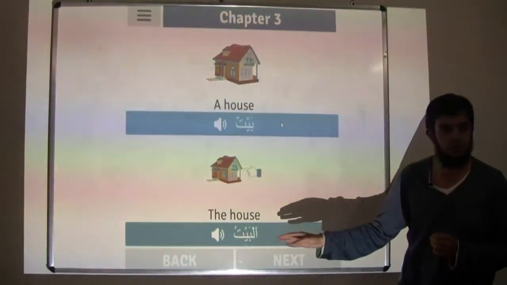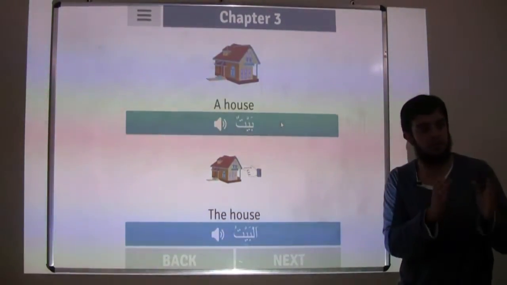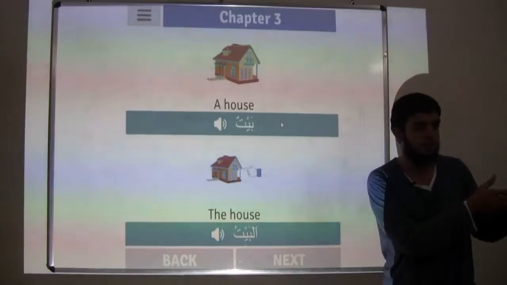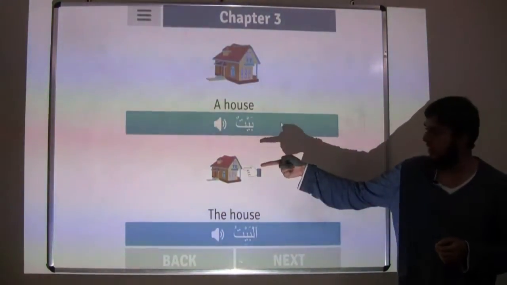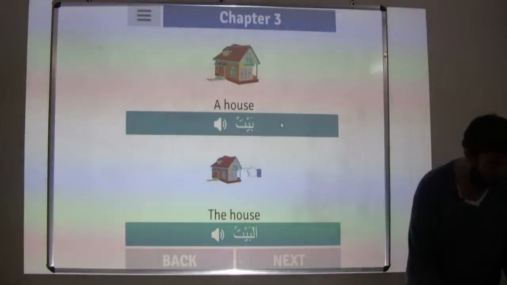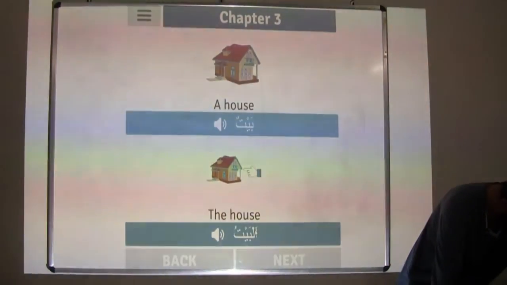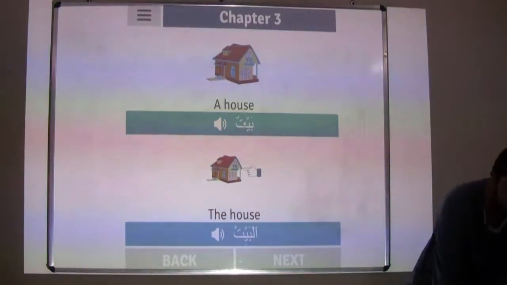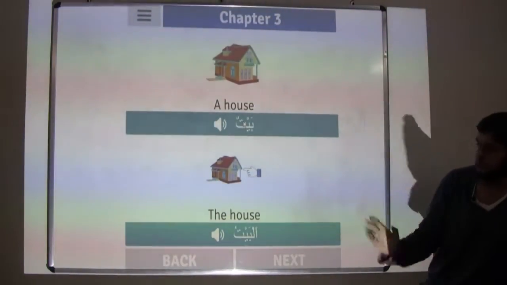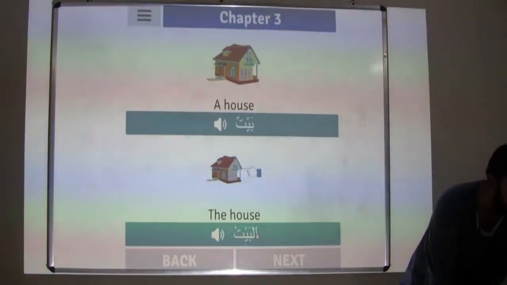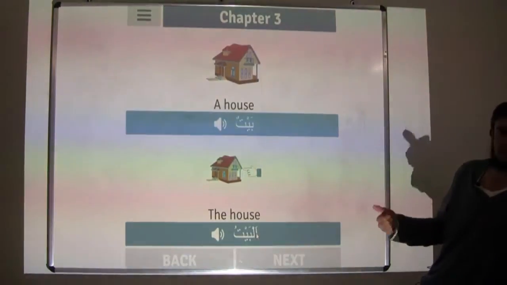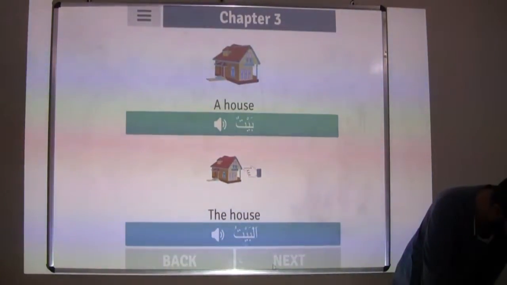When I say al baitu, you already know which house I'm referring to. That's why al baitu, and the finger pointing at the house, refers to something definite. Just pay close attention to the sound. Baitun. Al baitu. You can't say al baitun. Now let's move on.